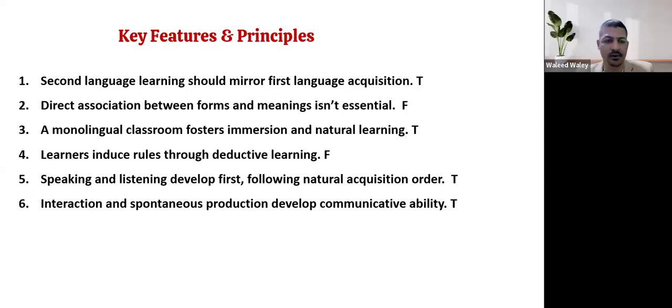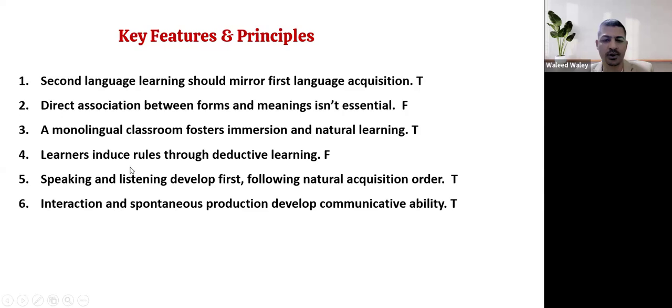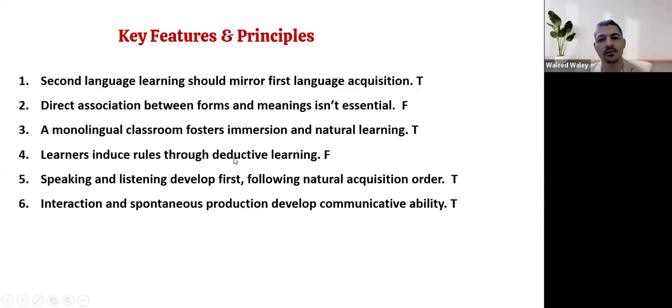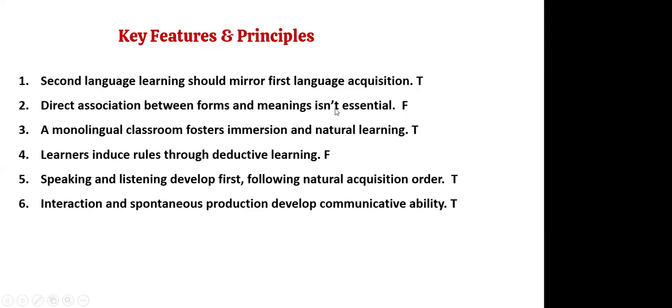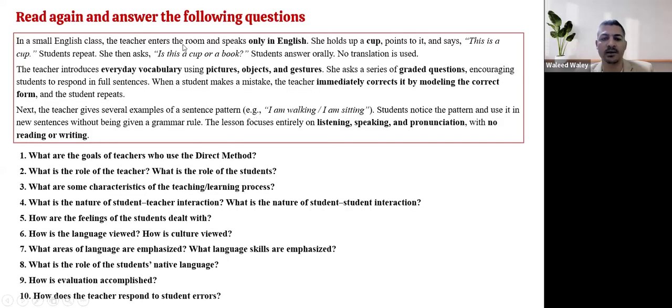Did you get most of them correct? Yes, all correct. So here, in number four, which word should be changed? Deductive should be inductive. And here, direct association between forms and meaning is essential.